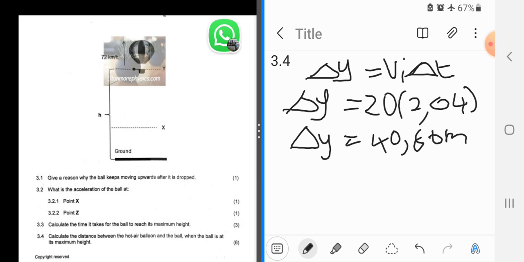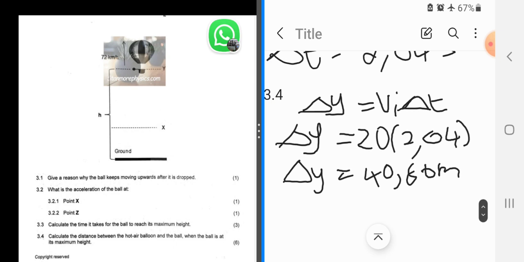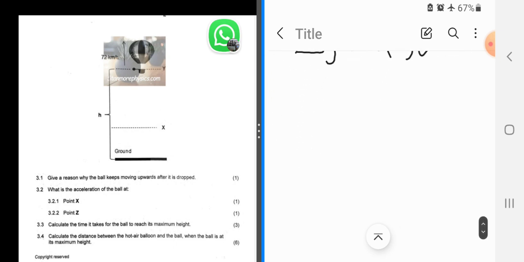Now that we have the displacement of the ball, we will also find the displacement of the hot air balloon.